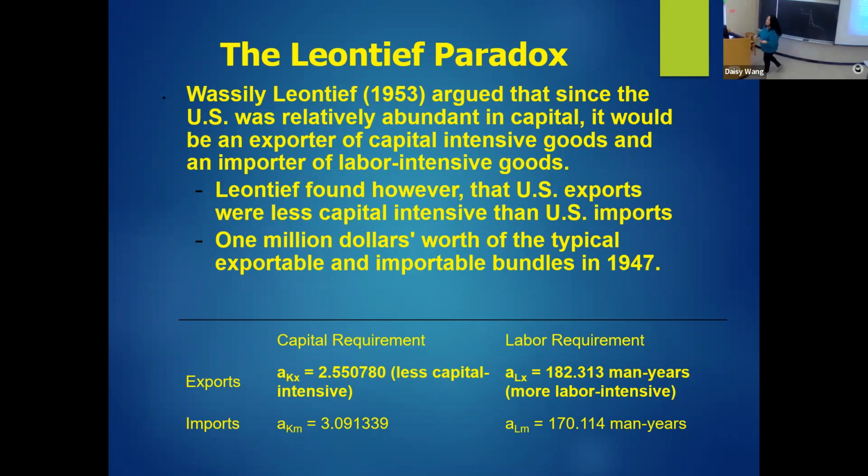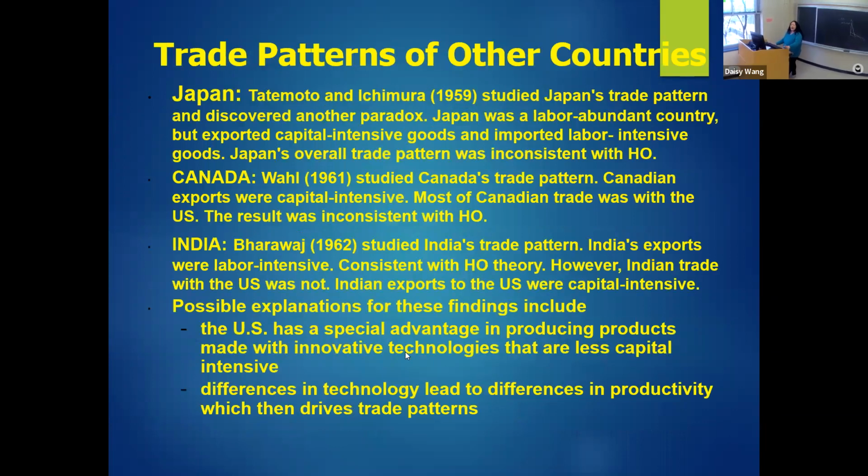And then another thing is that the US attracts a lot of investment from different countries to invest in capital-intensive stuff. And then they have other examples like Japan. Japan is considered a labor-abundant country, but they actually export more capital-intensive product and import the labor-intensive product.